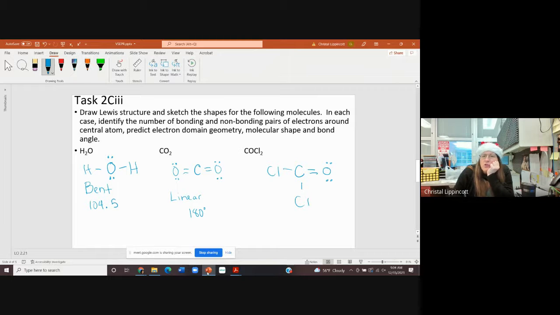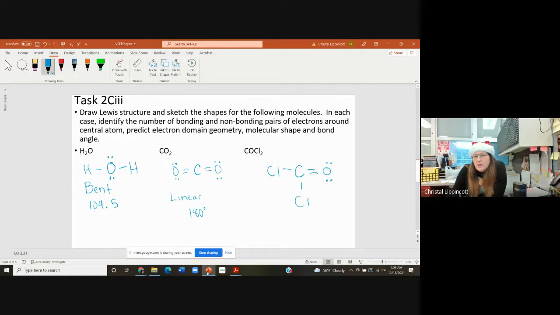Okay, here's the Lewis structure for the next one. See if you can check your chart and figure out what its geometry would be. Okay, so you should have seen that there were 3 atoms attached to the central atom.